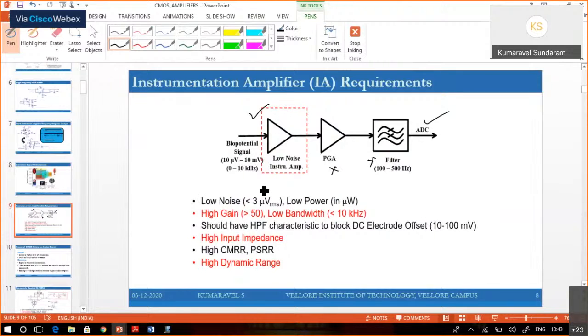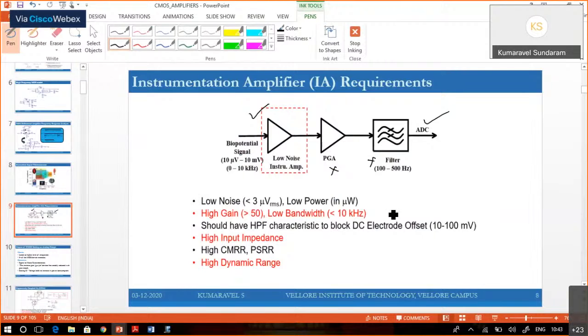So what are the requirements of the instrumentation amplifier to be used as a front-end amplifier in the biomedical recording system? This low noise amplifier should have noise less than 3 microvolt RMS. Power should be in microwatt, and it should have a gain greater than 50.